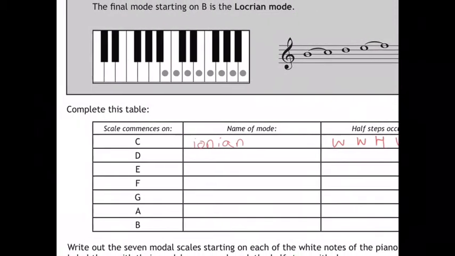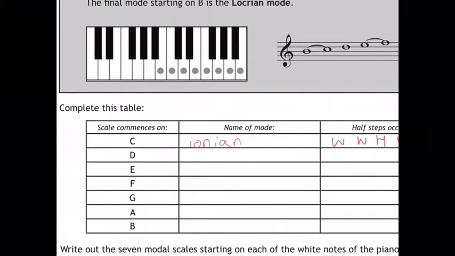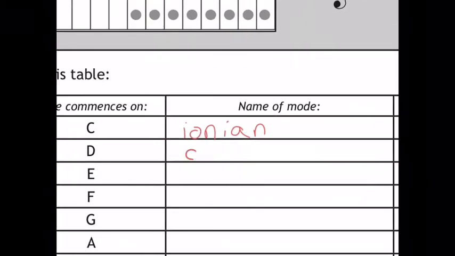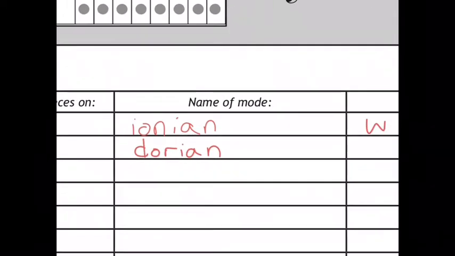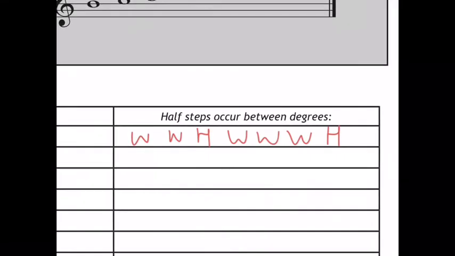Now, the second mode is called Dorian, and it starts on scale degree 2. So it'll start on the note that sits here in the major scale. Okay, are you following me? Hopefully.